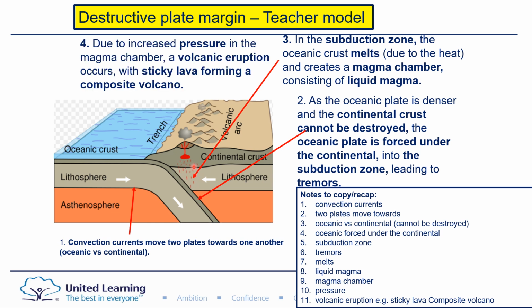Due to increased pressure in this magma chamber, where the cursor is, the magma is going to erupt upwards through the continental crust, and this is going to have really sticky lava and form a steep-sided composite volcano.